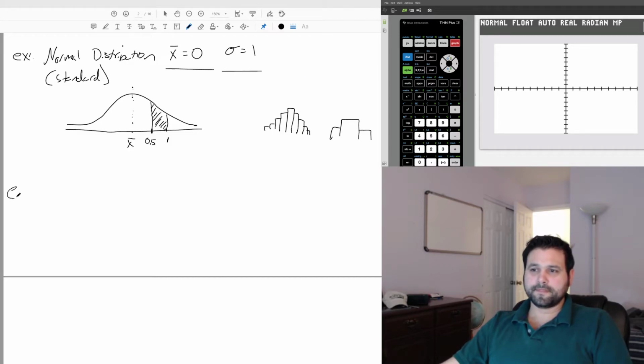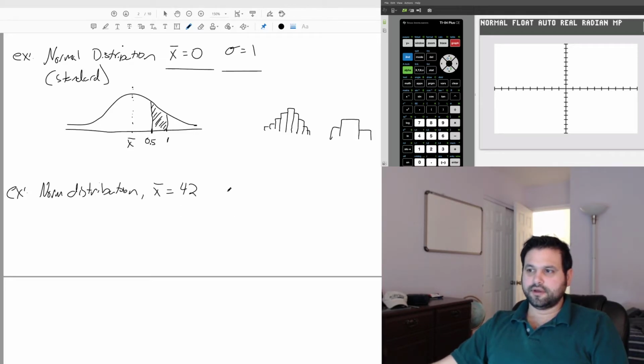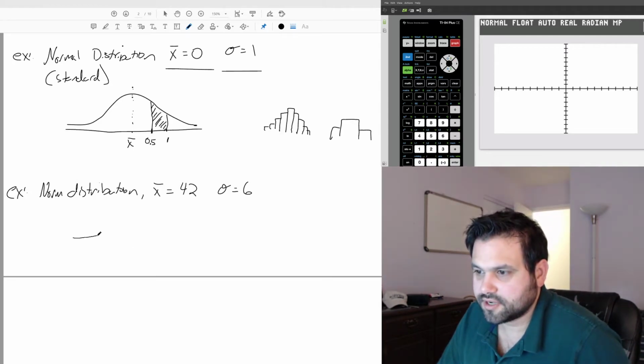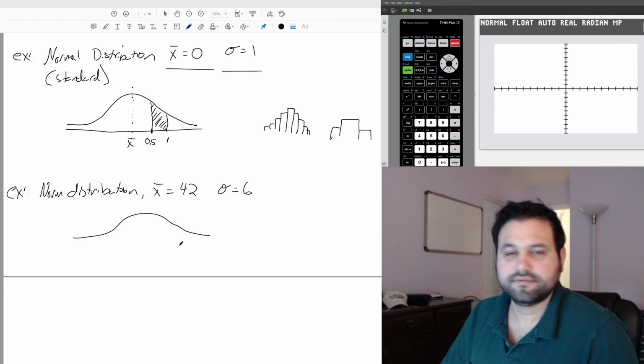So I could say that there's a normal distribution, just like last unit or last section, we do have to know what type of distribution it is. So there's a normal distribution with mean, let's say 42, and standard deviation 6. Okay, well, what will that look like? I'll just sketch a curve.